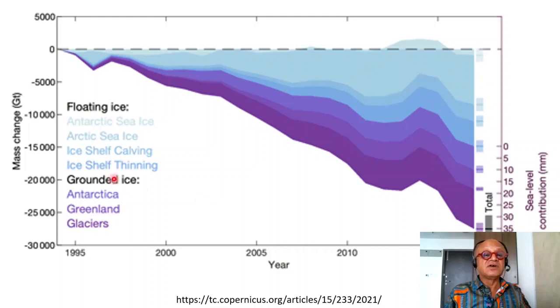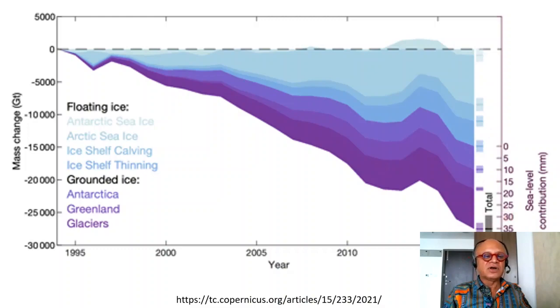Arctic sea ice, ice shelf calving, so the glaciers that flow onto the ocean and get broken off. Ice shelf thinning, so the ocean warming from below can begin to erode the ice shelves. Basically, ice shelves are glaciers flowing onto the water, as we will see later. Grounded ice over Antarctica and Greenland glaciers are also contributing massive amounts to the total sea level rise here.